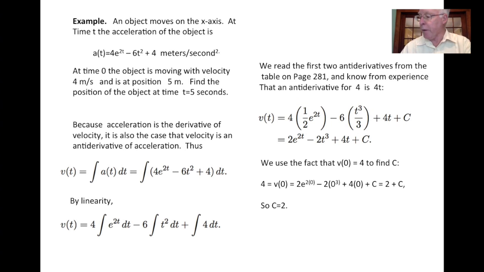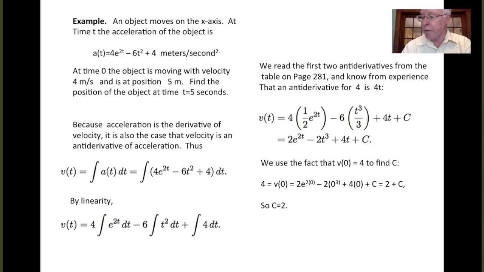Now, we see that we can figure out what the c is, and this is where these so-called initial conditions become important. We have information about where this object is and how fast it's traveling at time 0. So use the fact that v of 0 equals 4 meters per second to find c, and that calculation is done down here. 4 is v of 0, and I know v up here, so I can plug 0 in for t and get another expression for v at 0.